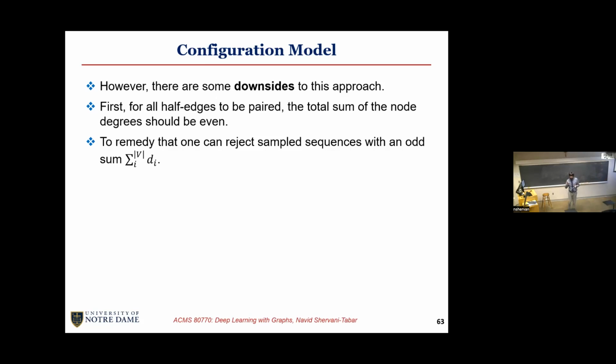There is one going to be left over. So what we do is we sample, sum all the degrees in that sample, and see if that's even or odd. If it's odd, we reject that sample degree sequence.